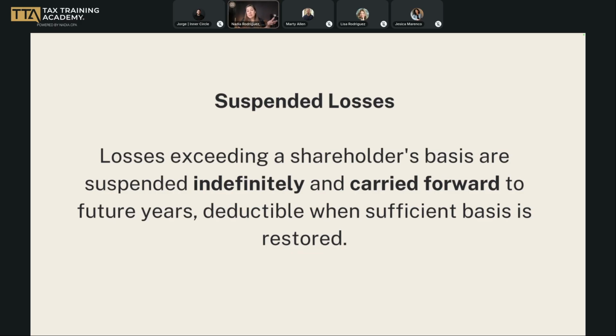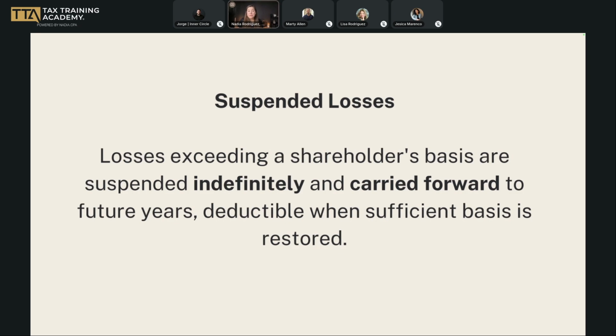But then we start reducing it by money that starts coming out of the S corporation, or losses that we're able to deduct on our 1040. So at the end, if we're at zero basis and the S corporation terminates and we have some suspended losses that we weren't able to take, those get lost forever.